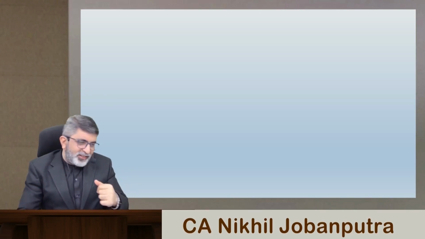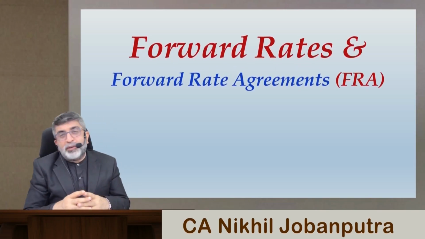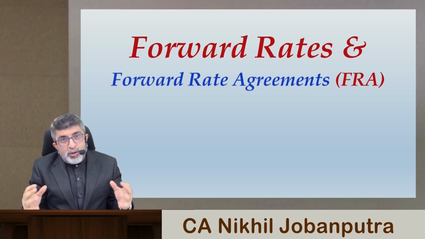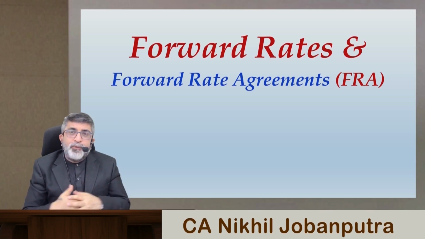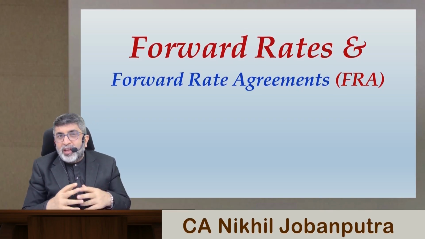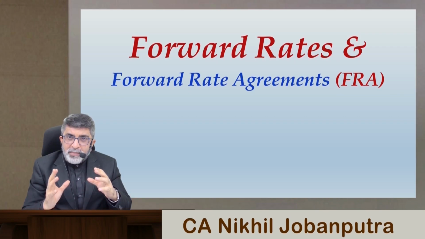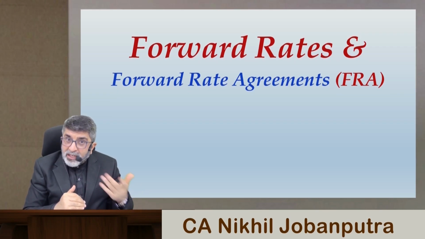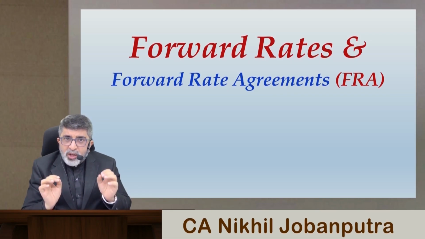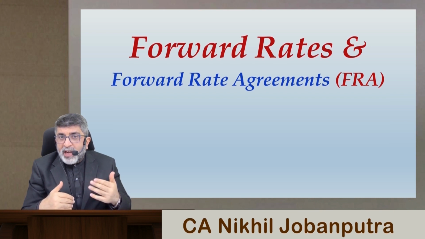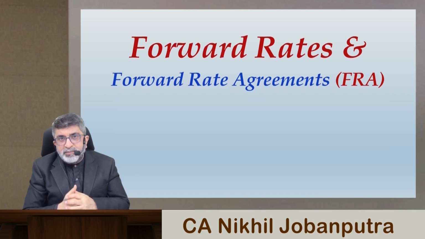In the earlier classes, in this sequence that we were following, we have started discussing forward rates and forward rate agreement, FRA. In the earlier couple of classes, we have mainly dealt with the long-term contracts, correct? And mainly focused on determining the forward rates, what we call the implied forward rate.